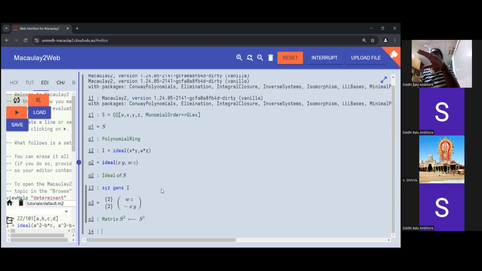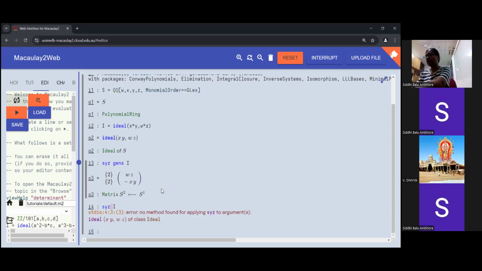In order to have CGG work in Macaulay2, the input must be a matrix. Let me write CGG of I. It gives me an error. So we have to provide the input as a matrix.